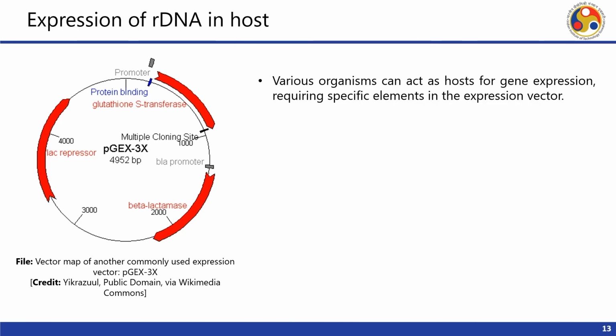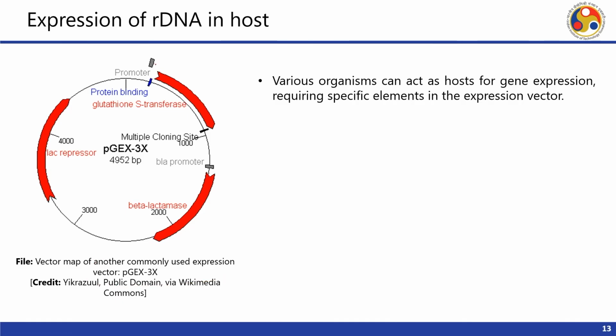So, let us now study a little bit about the expression of rDNA in the host. Various organisms can act as hosts for gene expression, requiring specific elements in the expression vector. This is a vector map of a commonly used expression vector, pGEX-3X.